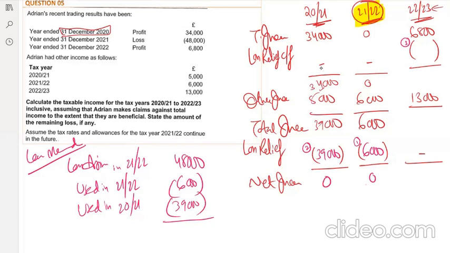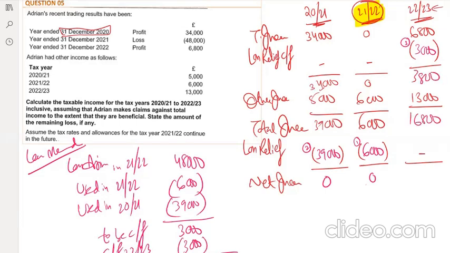How much loss is left? 3,000. 3,000 to be carried forward. So the carry forward will be here, 3,000, right or wrong? So 0 for the next year. Here will be 3,800. Here will be 16,800, and this one.